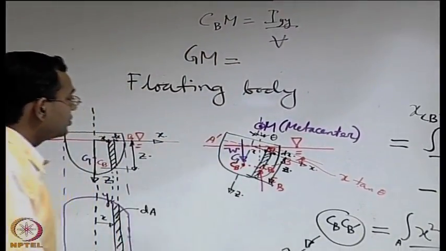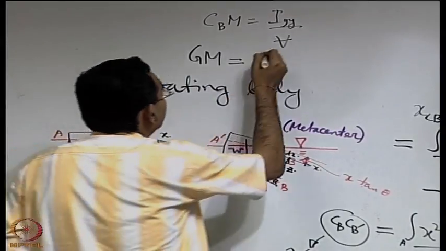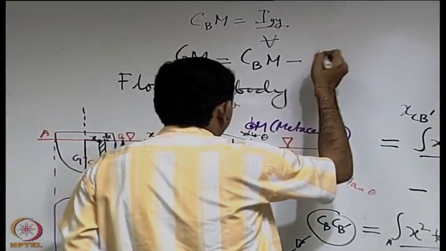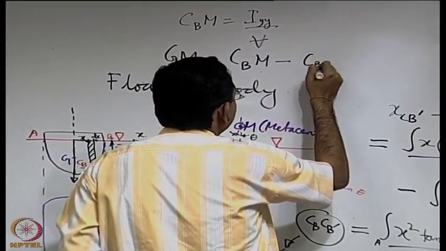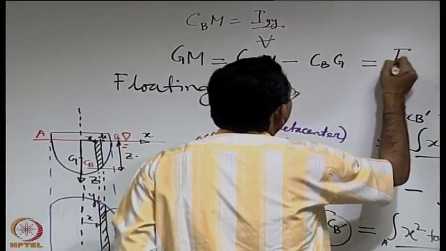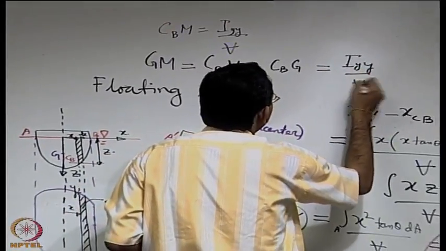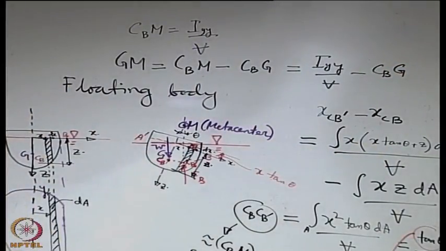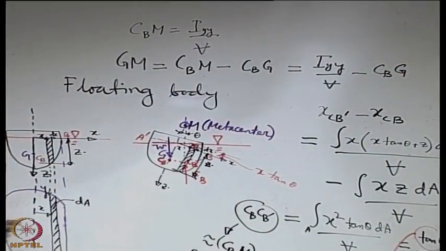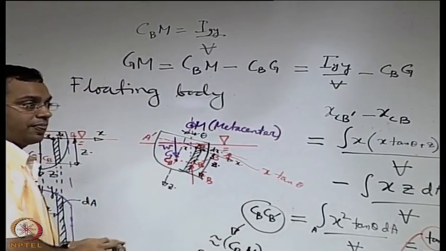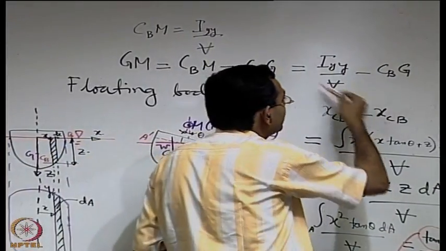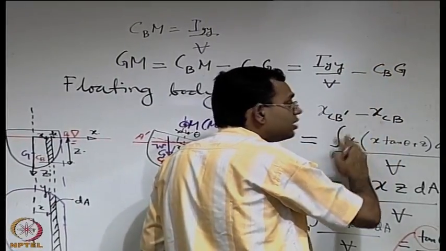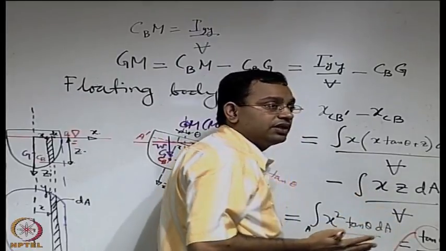So GM you can write as CBM minus CBG. So Iyy by V minus CBG. See why we have written the formula in this way. In the right hand side you have terms which are independent of the deformed or deflected configuration.